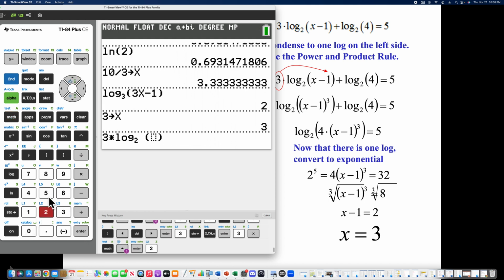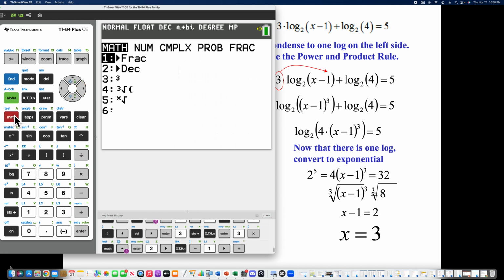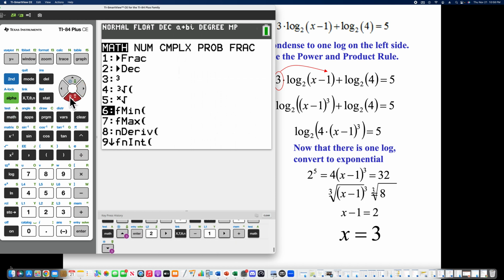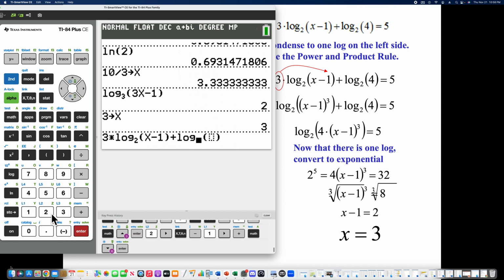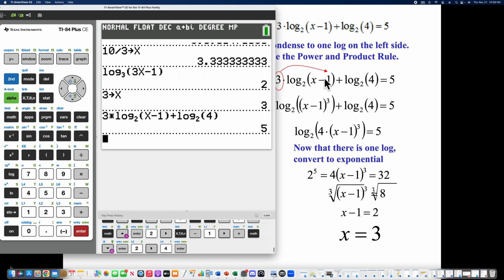We'll put a 2 down there. We're going to put an x minus 1 in. Jump out of the parentheses. Plus math option A. Enter. Another 2 for the base. A 4 in the argument. I hit enter. It's equal to 5, just like it said up here in the problem.